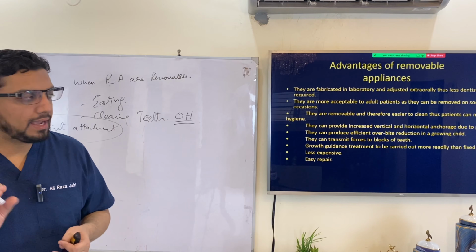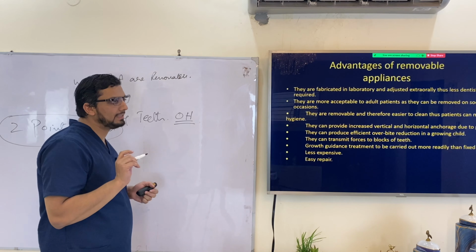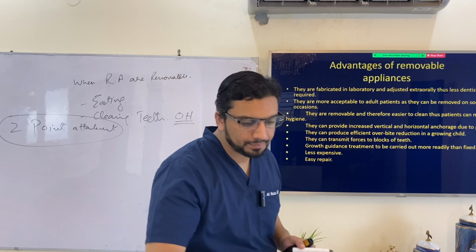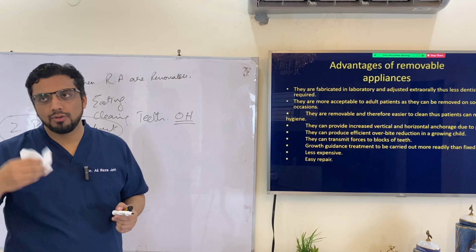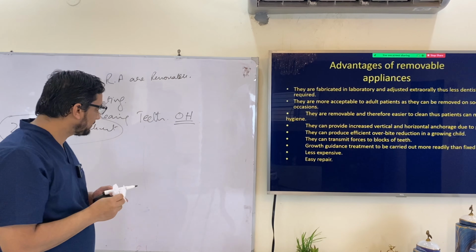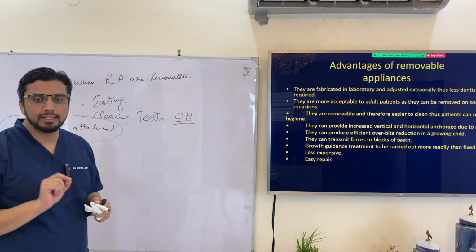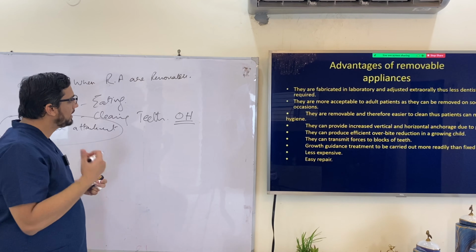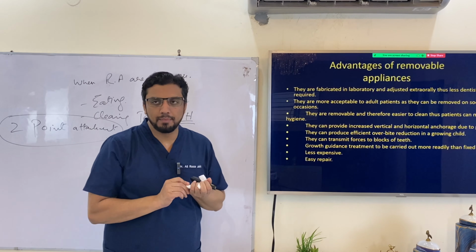Another very important advantage of the removable appliance is that the palate is very easily usable. How? In fixed appliances, all the teeth are attached with brackets, and the appliance is attached to the dentition. But in the removable appliance, you have to have the base plate.